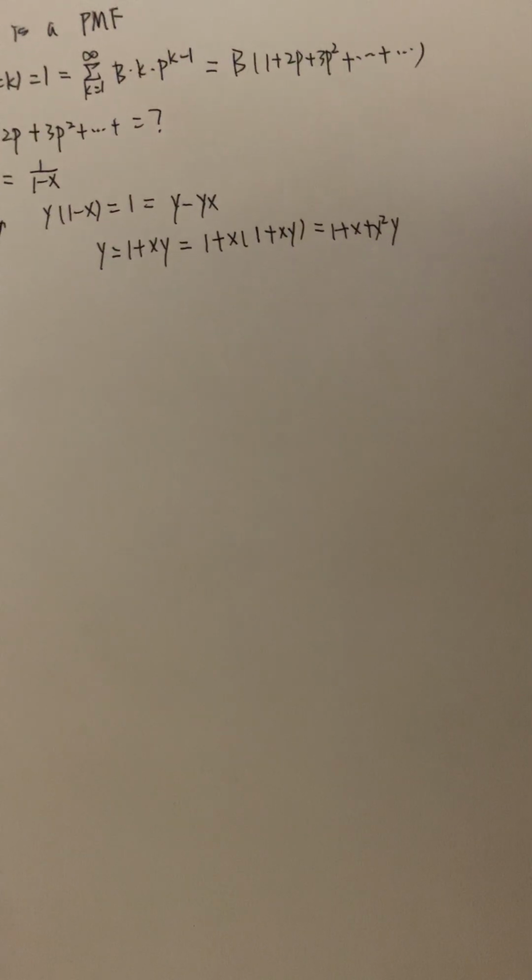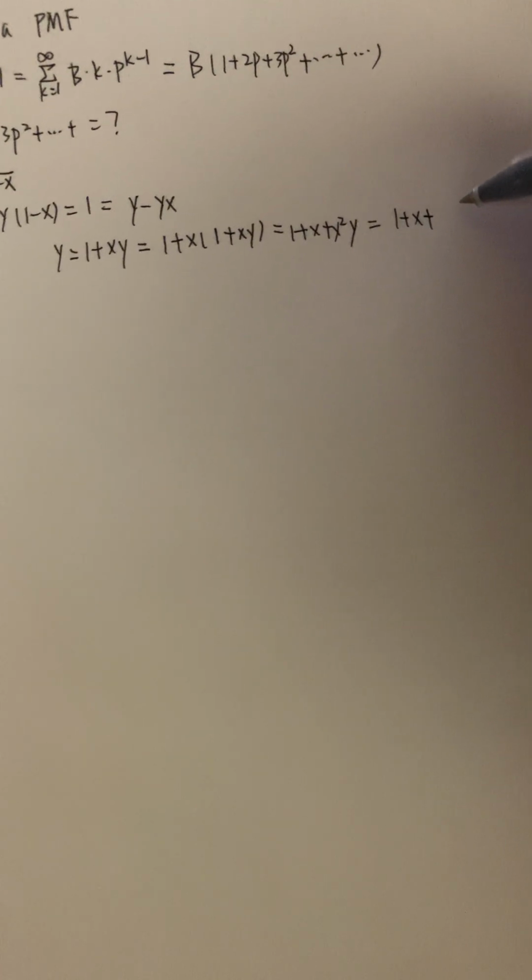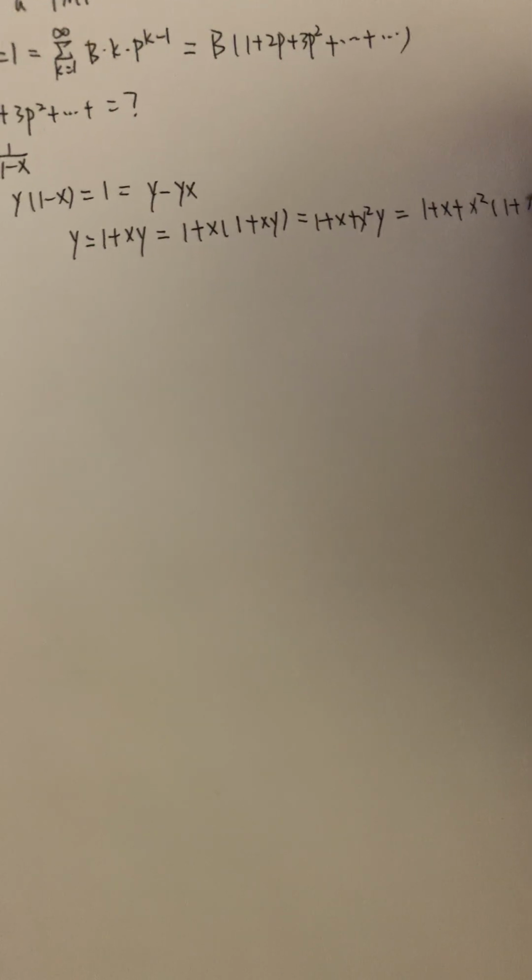So consider y equals 1 over 1 minus x. Since y equals 1 over 1 minus x, y times (1 minus x) is equal to 1, which is y minus yx. So y is equal to 1 plus xy, which is equal to 1 plus x times (1 plus xy), which is 1 plus x plus x squared times y, and this is 1 plus x plus x squared times (1 plus xy).